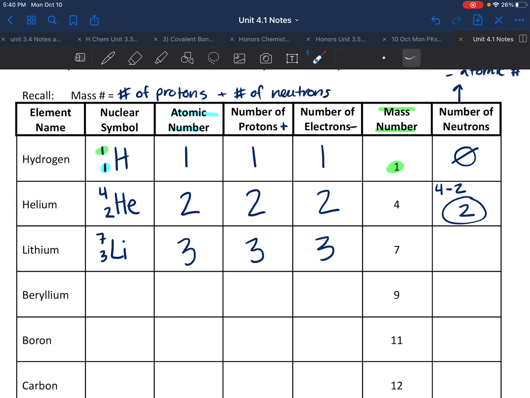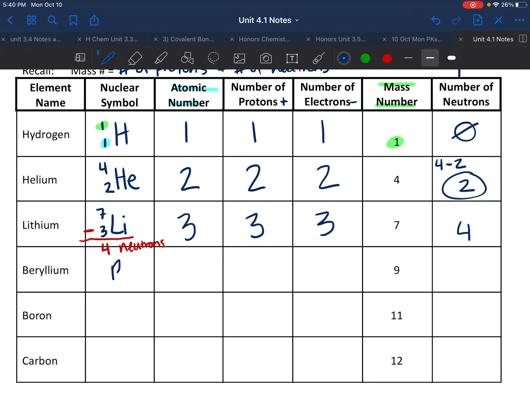What you have is the mass number and then the atomic number below. So you can truly just think of it like a subtraction. If I put a line here and subtract those 2 numbers, 7 minus 3 equals 4. That's our number of neutrons. So you can use that trick when you are calculating number of neutrons.